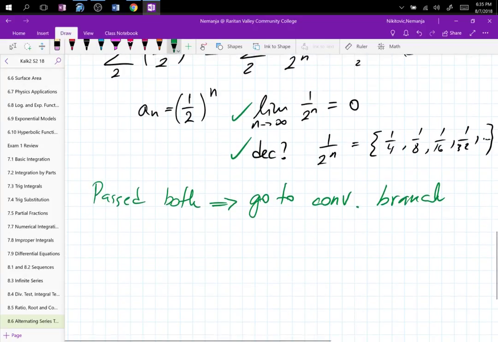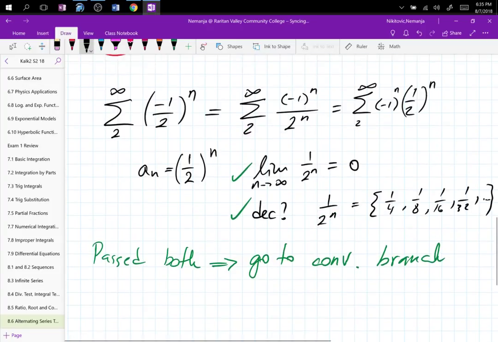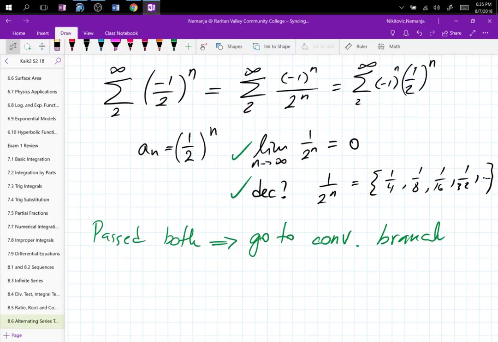Now, when you are on a convergent branch, you are supposed to take a look at your problem and solve the series when you take out the (-1)^n term. So now we have to consider summation of (1/2)^n when it goes from 2 to infinity. Now, what do we know about this?